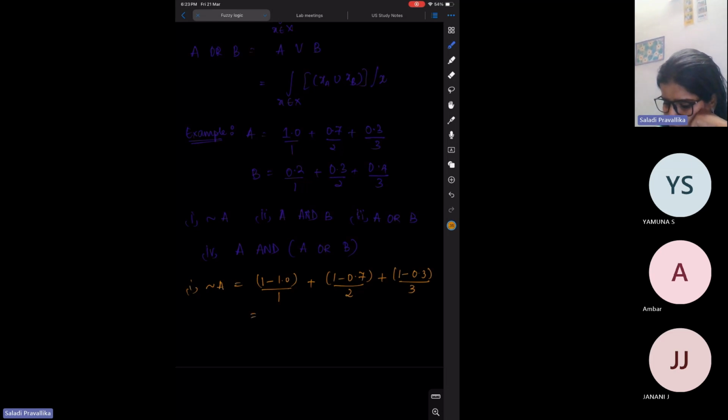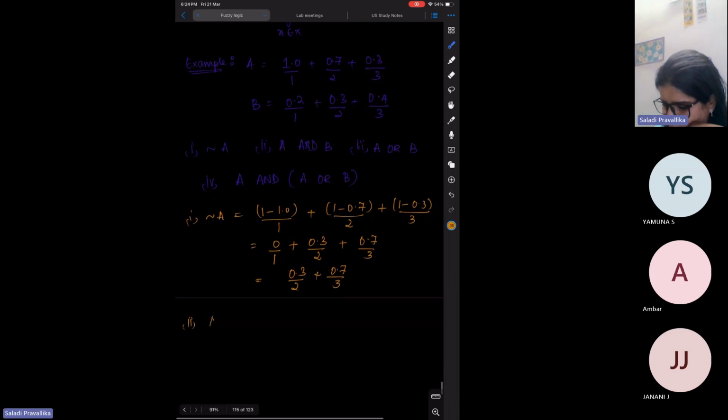So it is 0 for given 1, 0.3 for given 2, and 0.7 for given 3. That is the complement of A.